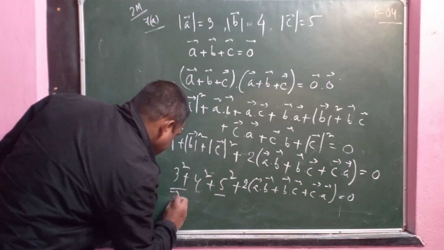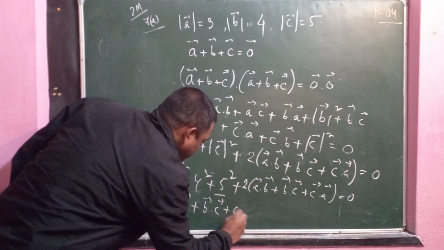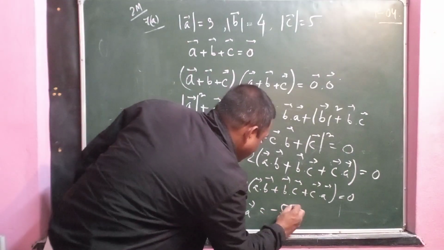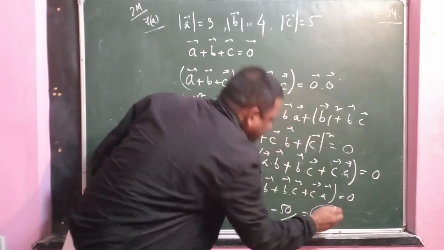So A dot B plus B dot C plus C dot A equals minus 50 divided by 2, so that is minus 25. Got it?